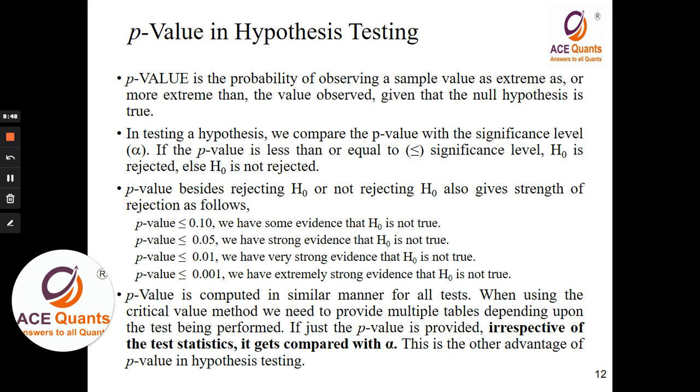Just to give you a rough analogy, let us say a student is appearing for an exam, a 100 marks paper, 50 marks is passing. And the student has got 48 marks. And because he has got 48 marks, which is less than 50 marks, he is decided to have failed the test.